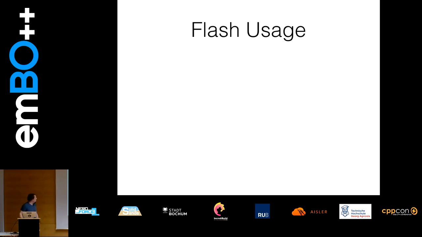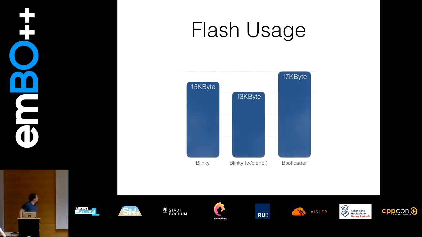So, these are the binary sizes of the examples. Blinky is the first example that we saw, 15K of flash. The second one is the same example without encryption, 13K. And 70K for a complete bootloader implementation that you can also find in the sources of Bluetoe.